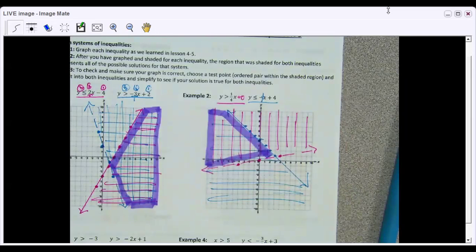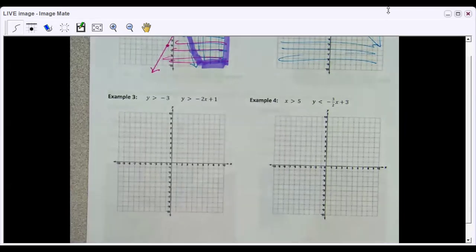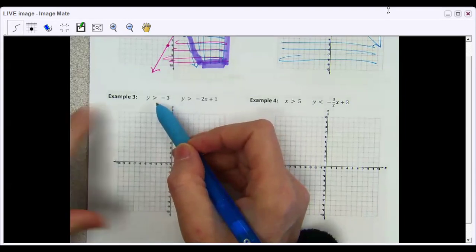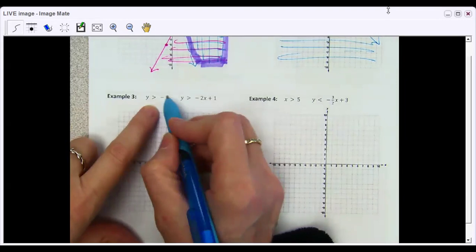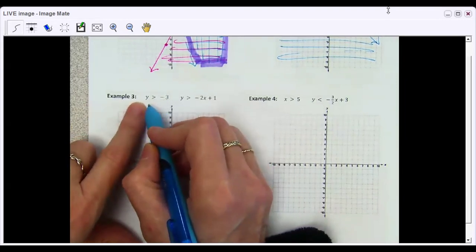All right, let's go to example 3. Now example 3 is y is greater than -3. We're missing our slope. So remember, when you have a y or an x here, and there's just a number without the slope, that means you're going to plot a point on that axis.